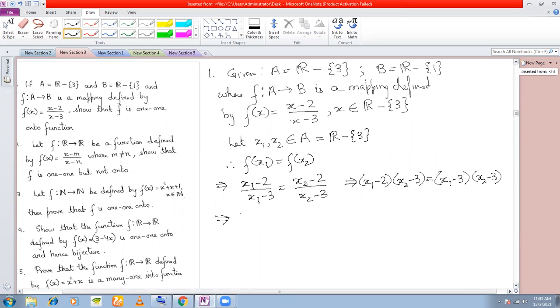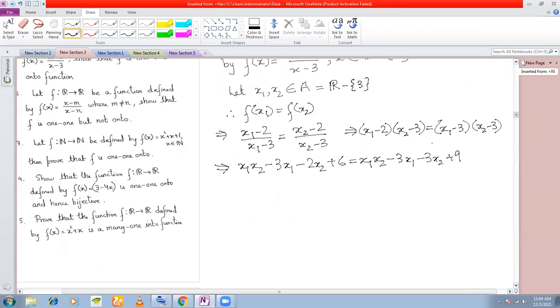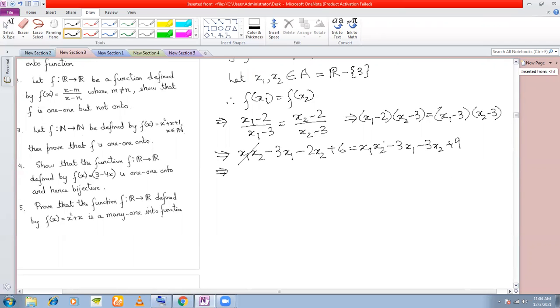Now you can multiply: x1x2 minus 3x1 minus 2x2 plus 6 is equal to x1x2 minus 2x1 minus 3x2 plus 6. So x1x2 cancels from both sides, and the 6 and 6 will also cancel.